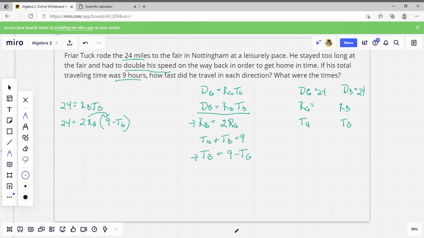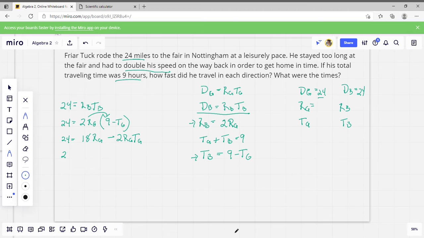Alright, now we're going to distribute that. So 24 equals 18 RG minus 2 RG TG. Well, RT, that means our rate going times our time going, which is the same thing as our distance going, so that would be 24.